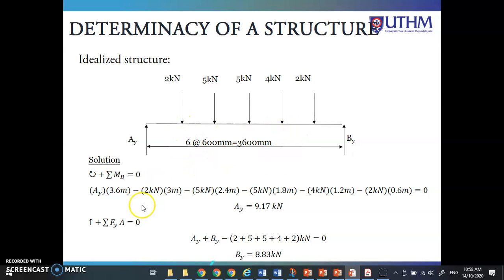So it will become negative. So the load times the distance. Okay, then we can solve and we get the reaction at A in Y direction. Then we can solve by using the summation of forces in Y direction is equal to 0. Then we get the reaction at B.